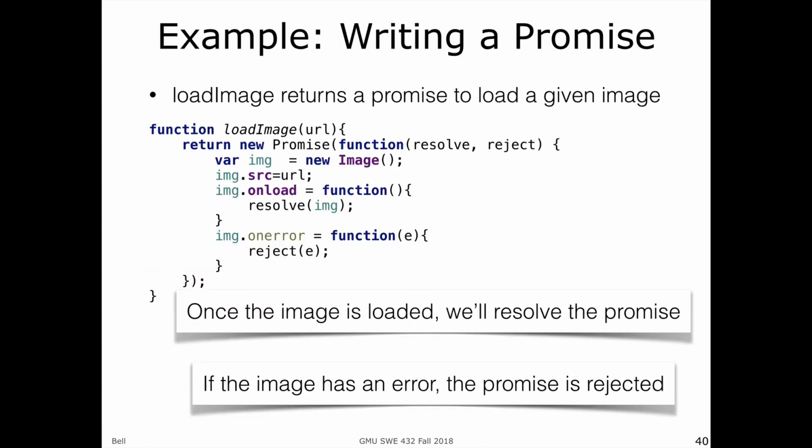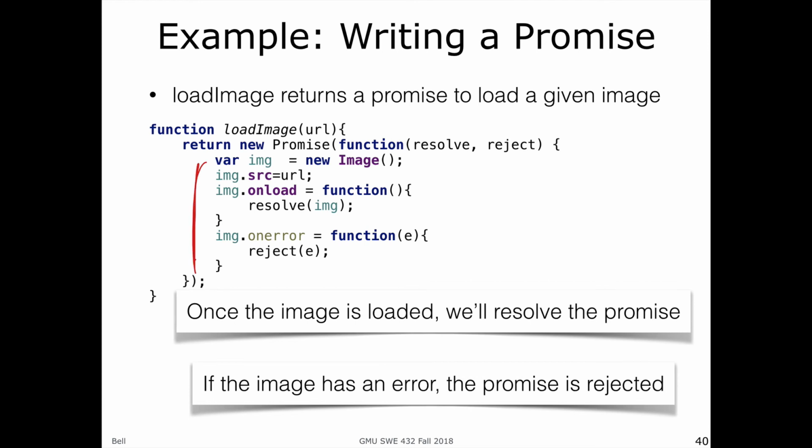So here's an example of this load image promise that I referred to on a prior slide. Load image is going to return a promise to load in some image. So inside of the promise declaration function here, I'm going to do my work.